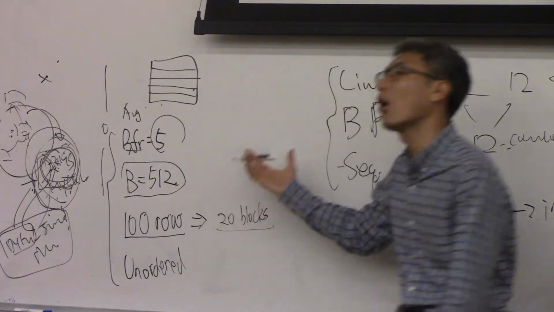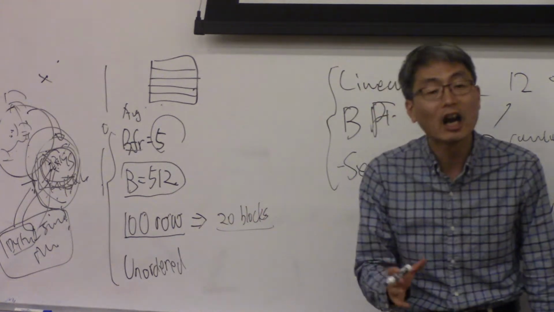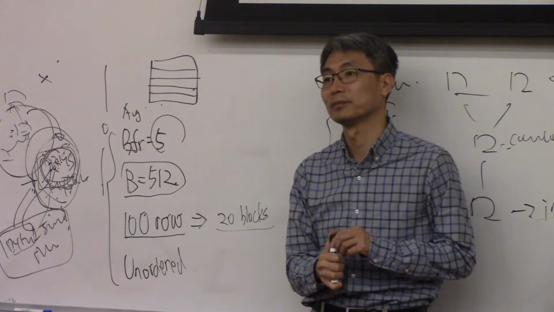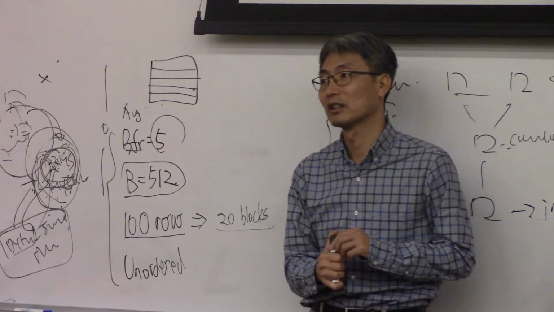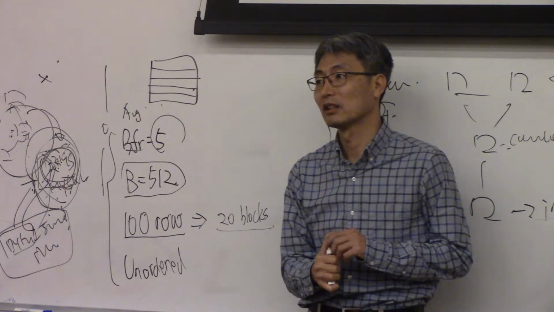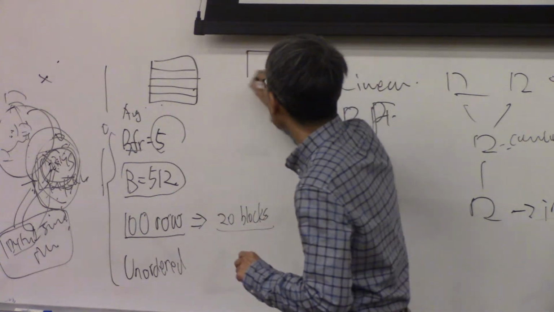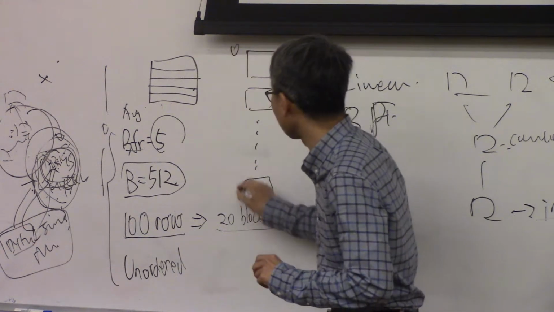Okay, so this is an unordered file. On average, to search the data, how many blocks do you need to access? One? This file is organized in 20 blocks, 0 to 19.